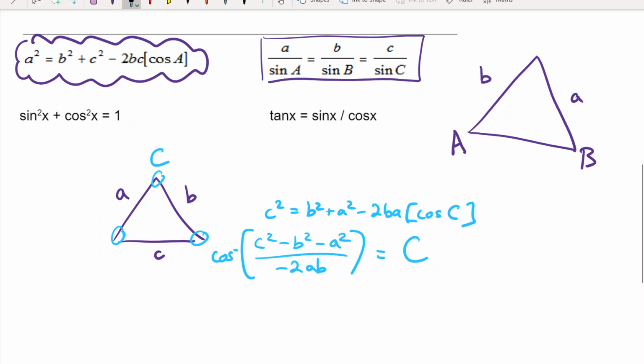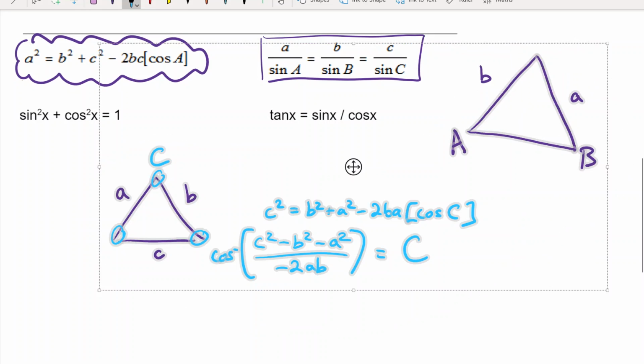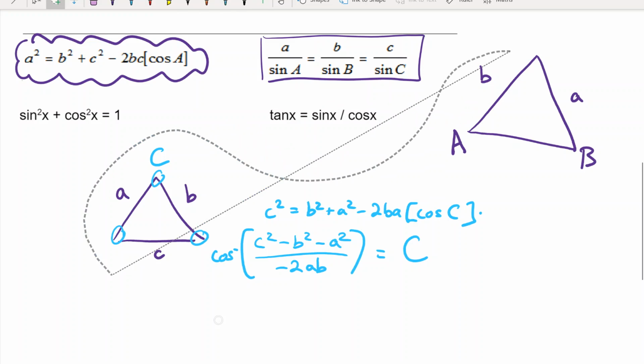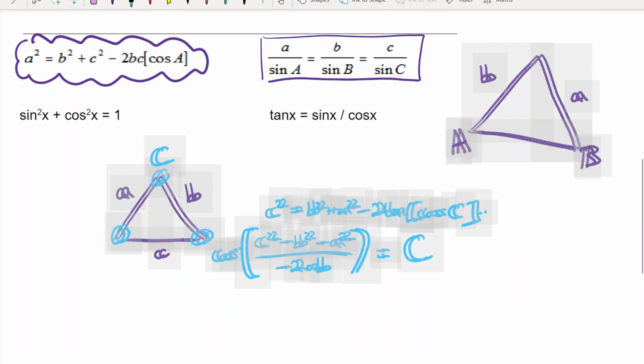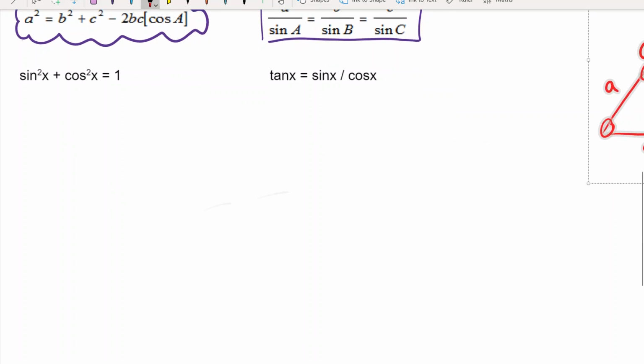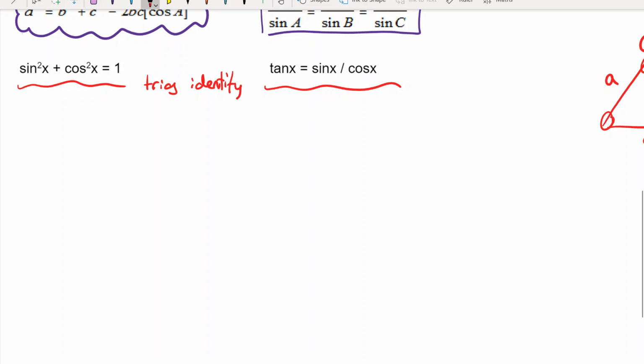And last but not least, we've got a couple of formulas here, I'm trying to get all of these descriptions out of the way. All right, so we've got some formulas over here, and these ones are meant to help us with our trig identities. So these are some trig identity formulas.